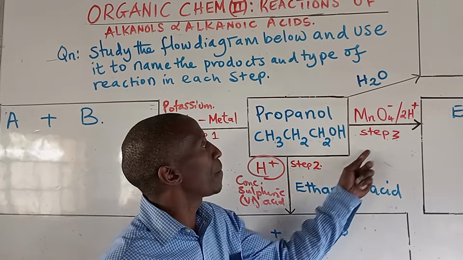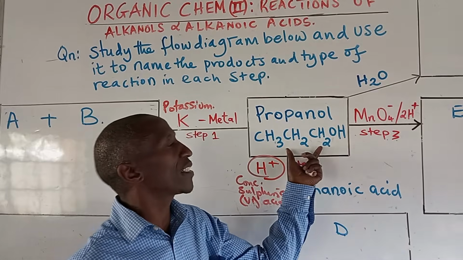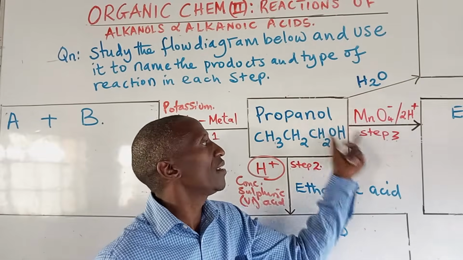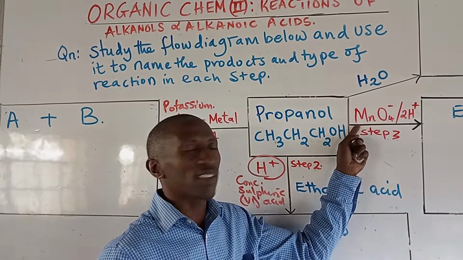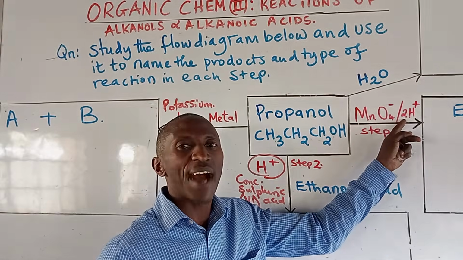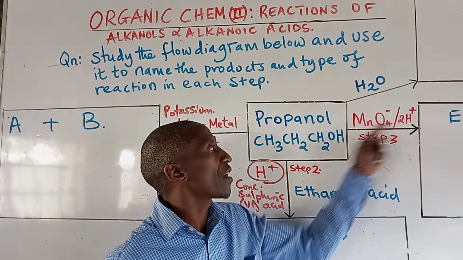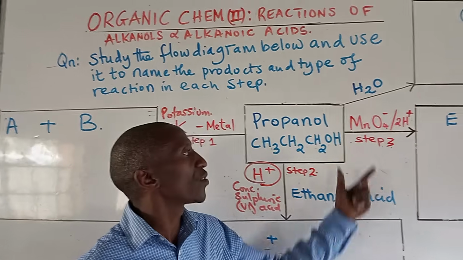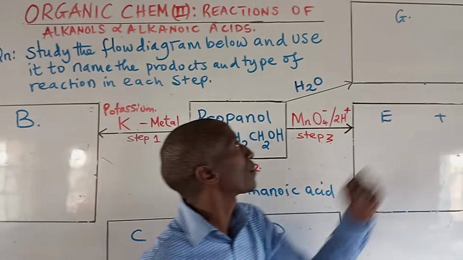In step 3, we see it, that is propanol, reacting with the oxidizing agent which has been acidified on the basis of some sulfuric acid to give us 2 products.